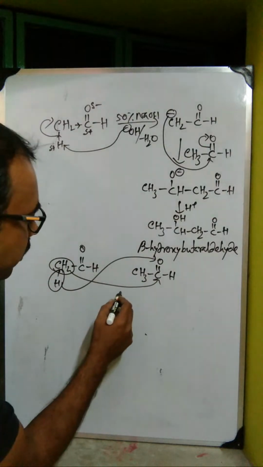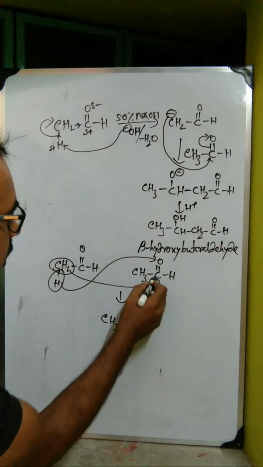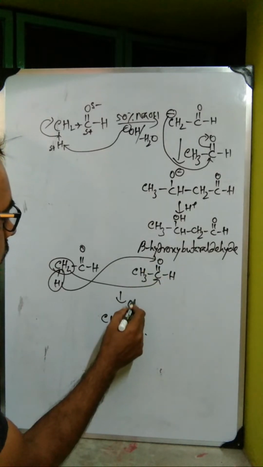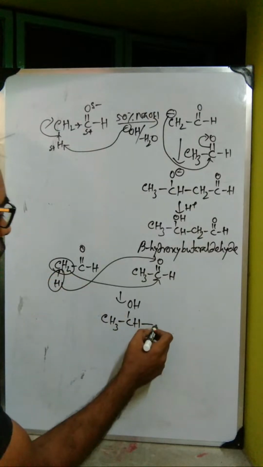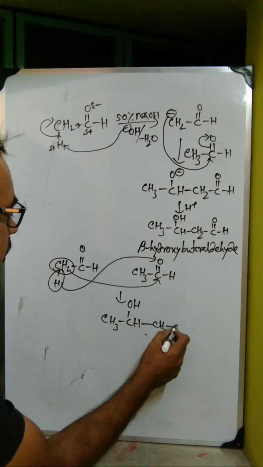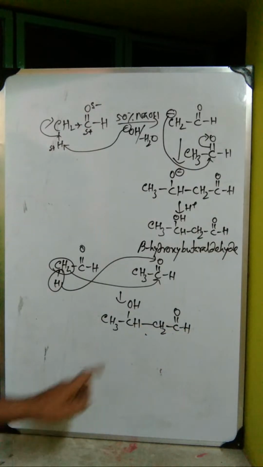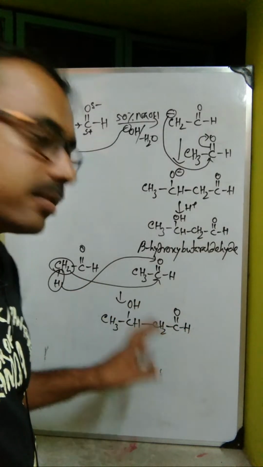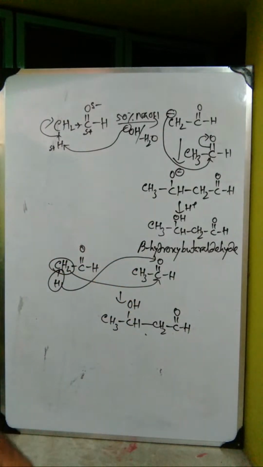The product we write is CH3, then single bond C, then OH with hydrogen, then a single bond with CH2, then single bond C double bond O, then H. So this is the final product, and you can write it in just a short time. So this is the trick to form the aldol product.